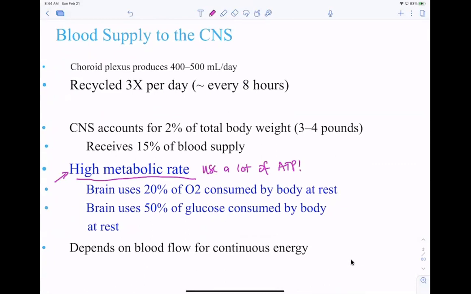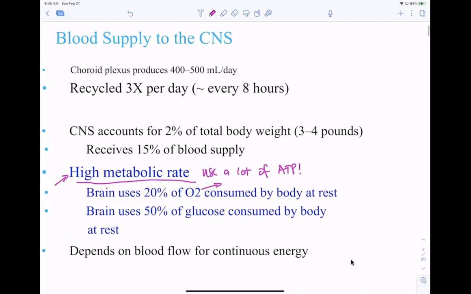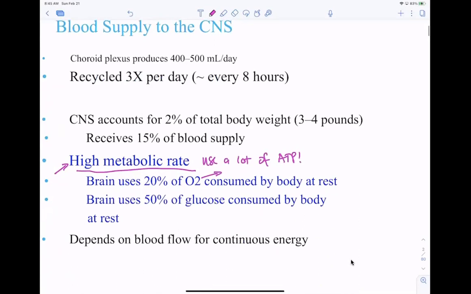Why? Because as you guys know now, oxygen is needed to create ATP. And so even though you're laying in bed and you might be reading books or studying, you're still actually using energy. A lot more than, say, if you were watching television and you're not truly having to use the neurons as actively. So that's something to think about.